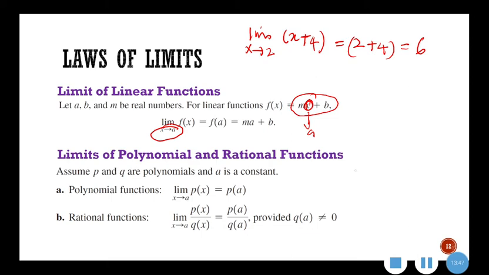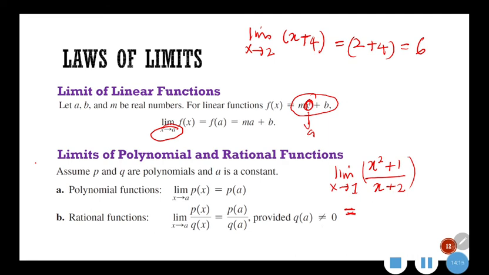Okay, let me give you an example. The limit as x approaching 1, for example, of (x squared plus 1) over (x plus 2). So to find the limit, you don't have to worry because first we put in x equals 1 inside the denominator. So 1 plus 2 is 3.